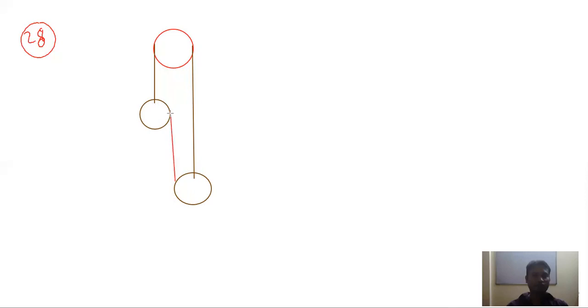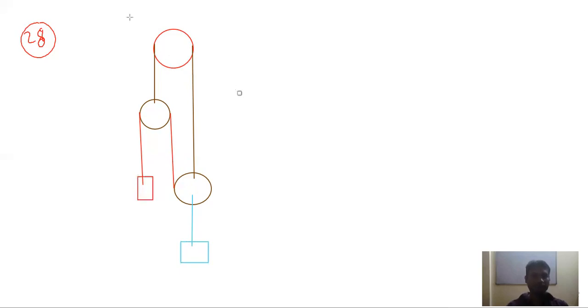So this is another string, and it is also connected to another mass here. And another string finally in, let us say, blue color. Let us show the masses one by one. There is one mass here. Let us draw this blue mass here, and another red mass here.